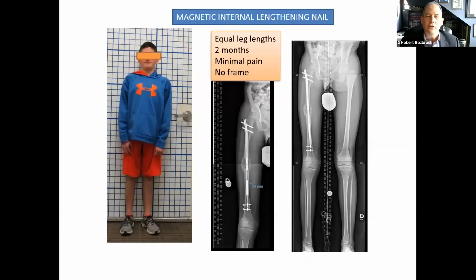We used a trochanteric entry nail because his growth plates were closed, but in general, I tend to use it until about the age of 18. And you can see at the end of 2 months, he is healed. It took about a month to get the length, and then by 2 months, there is hypertrophic regenerate spanning the lengthening site, allowing us to let him be full weight bearing.